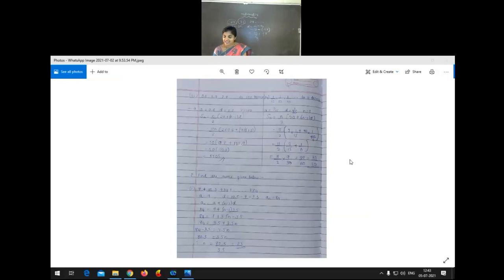Now we have the first term here, and the last term is also given. If the number of terms had been given, this would be a very easy topic. We could directly substitute in Sn is equal to n by 2 into a plus an. But they have given a question mark for the number of terms. That's why we used an is equal to a plus n minus 1 into d.